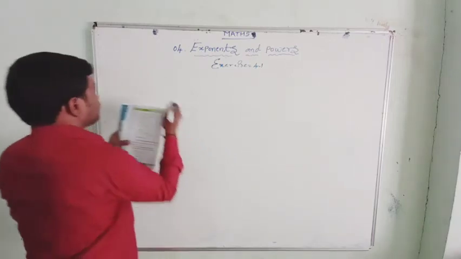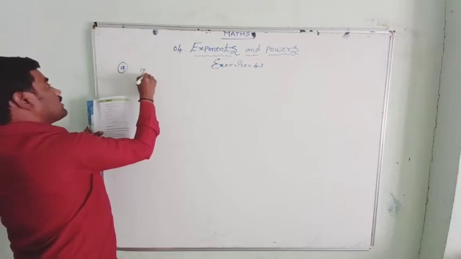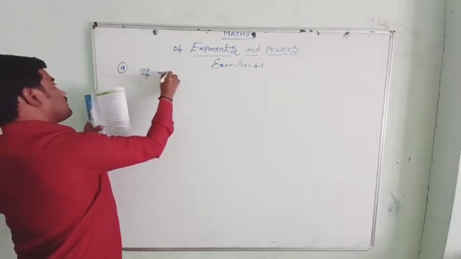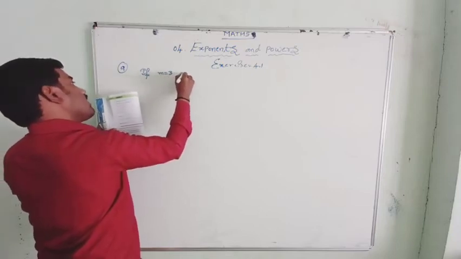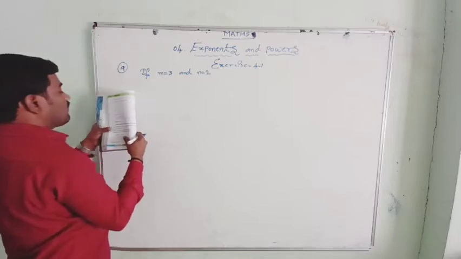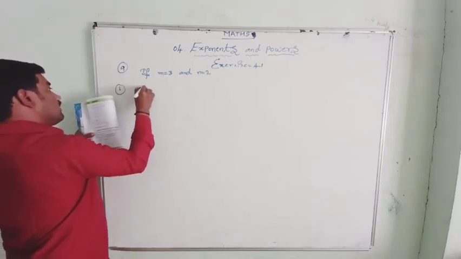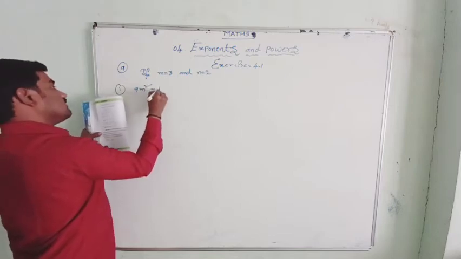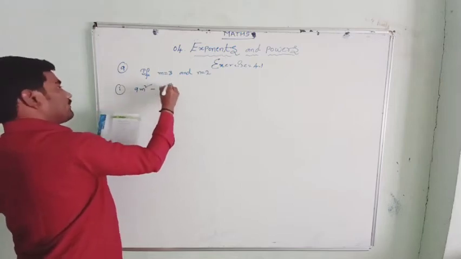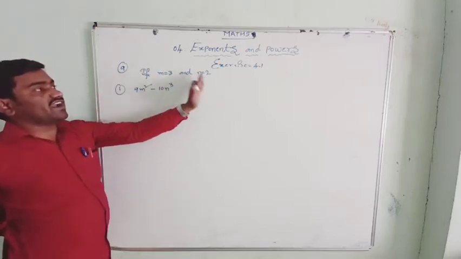The 9th question: if m equal to 3 and n equal to 2, find the values of, first one, 9m squared minus 10n cubed, where the m and n values are given.